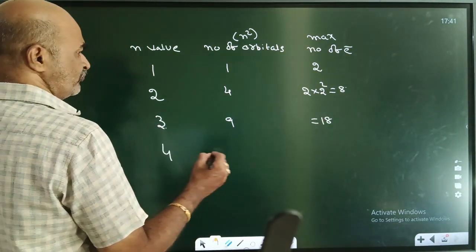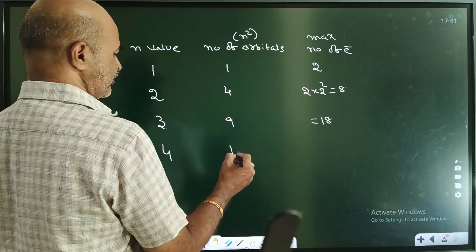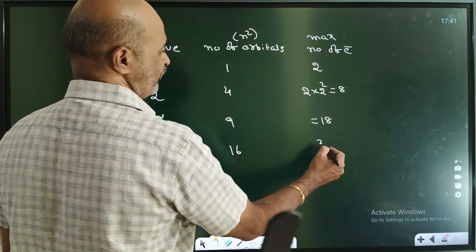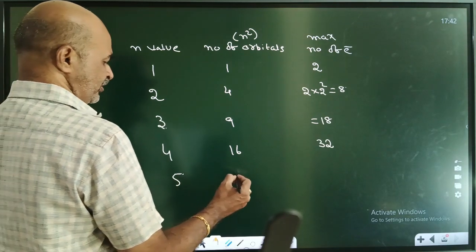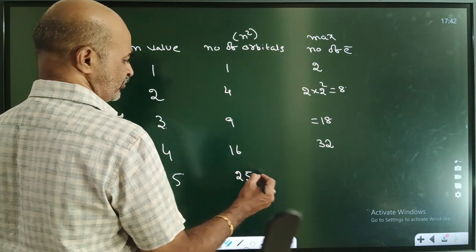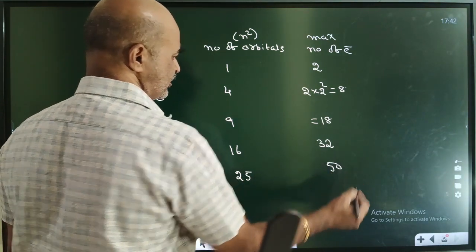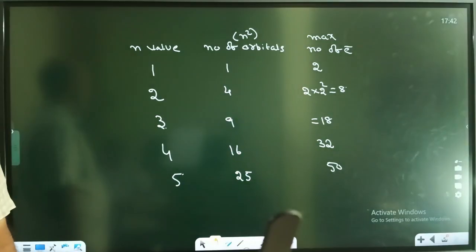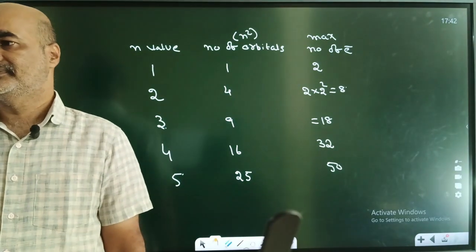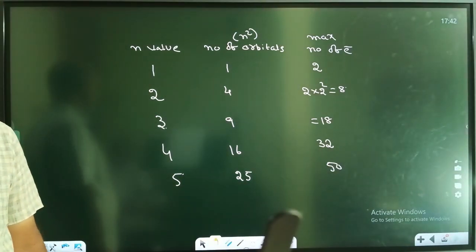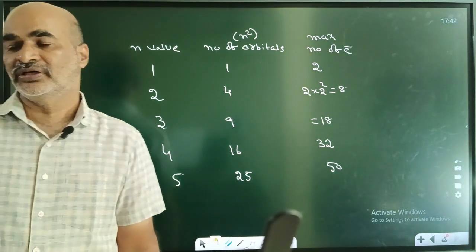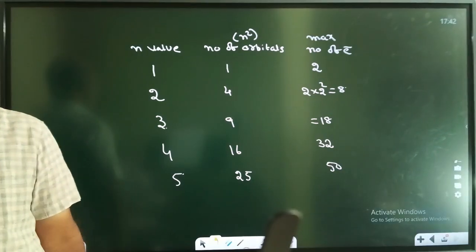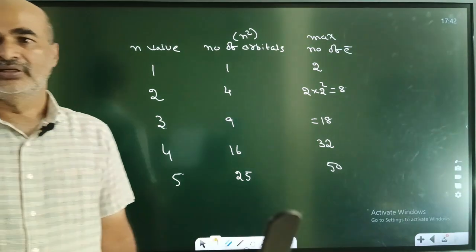If n is equal to 4, number of orbitals 16, number of electrons 32. If n is equal to 5, number of orbitals 25, number of electrons 50. This is the principal quantum number. So, the principal quantum number determines the energy and size of an orbital.